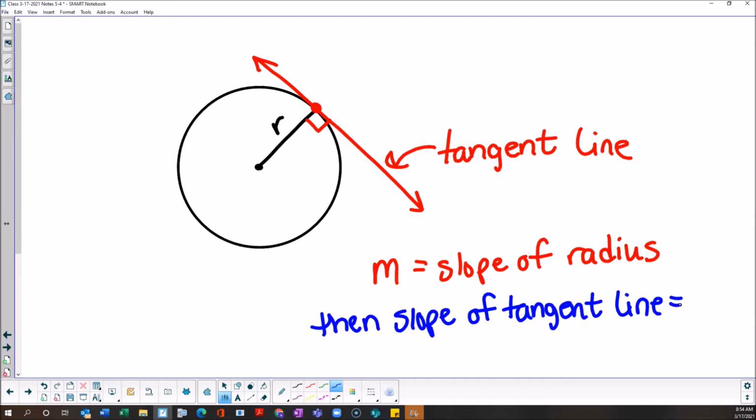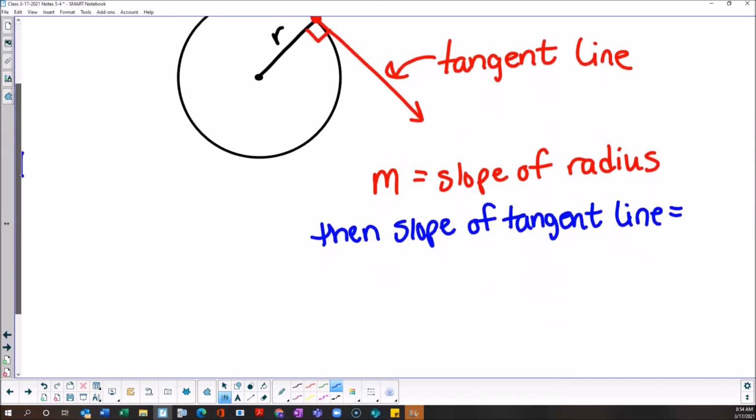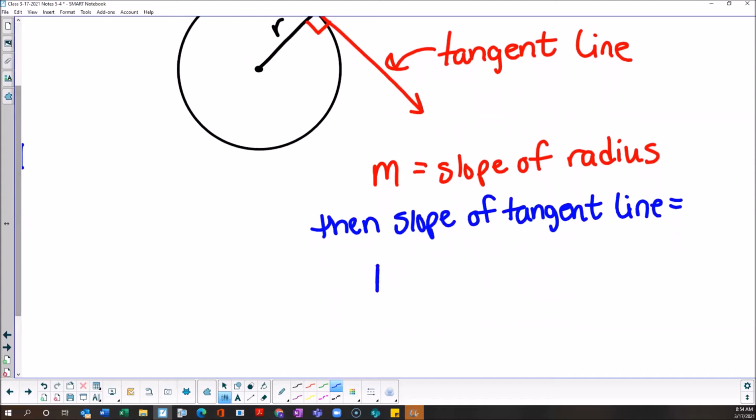Remember? It's perpendicular to M, so it's the perpendicular slope. Sorry, I'm trying to scroll down on my board here. So remember, you change the sign and flip it. It's the negative reciprocal, or the opposite reciprocal.